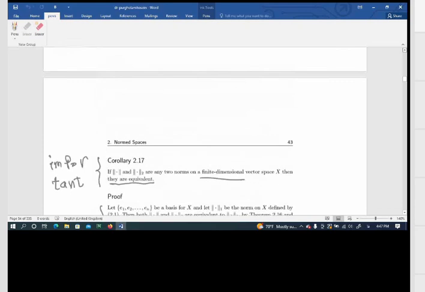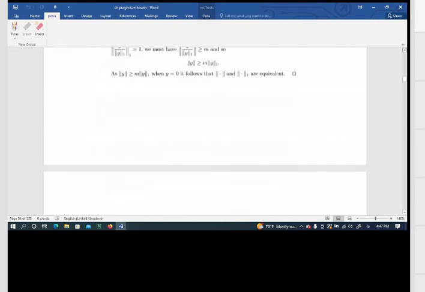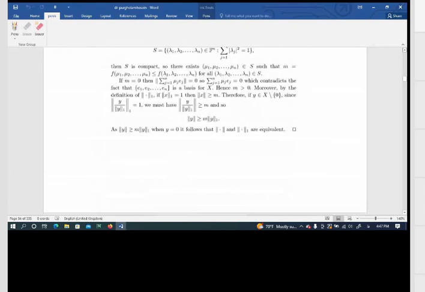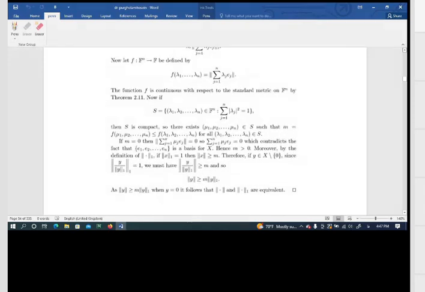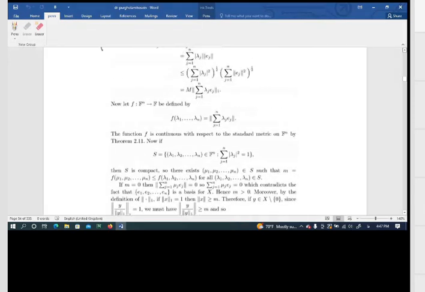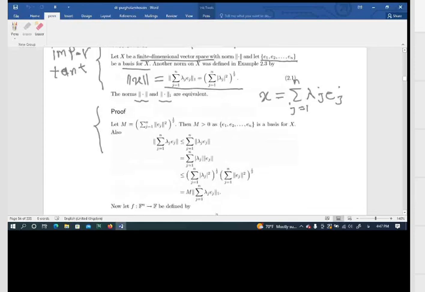We have a basis for a finite dimensional vector space, and we define norm 1 as this norm. When x equals the sum of lambda j ej, the norm 1 of x is defined as the sum of the absolute value of lambda j to the power 2, to the power 1 over 2.